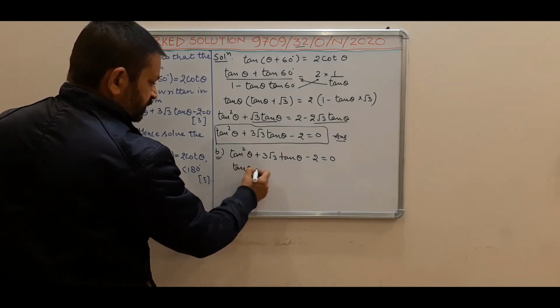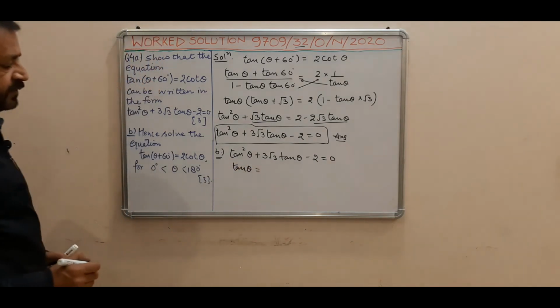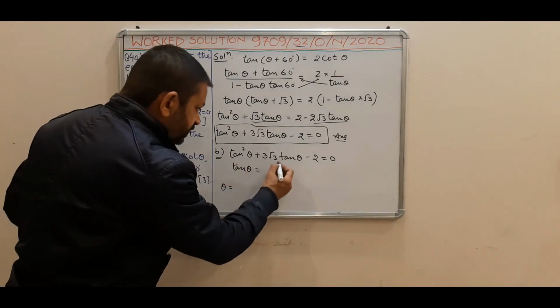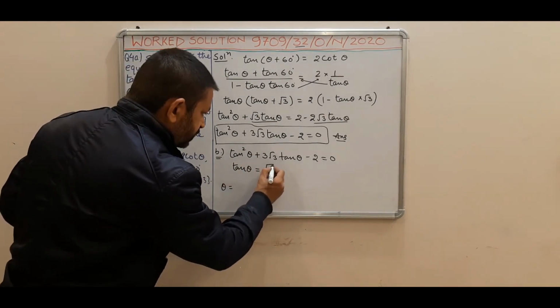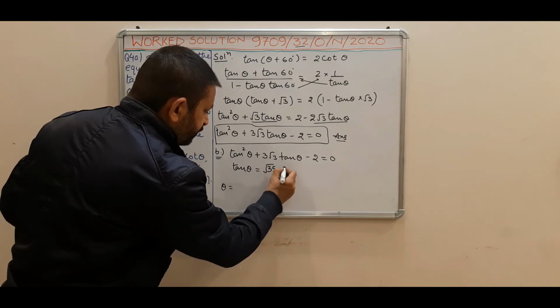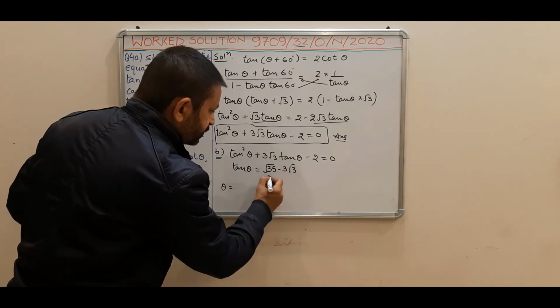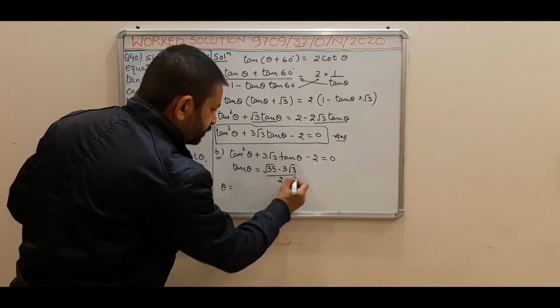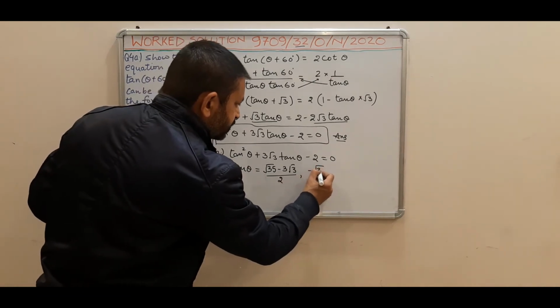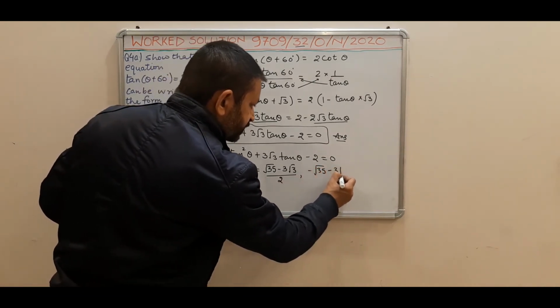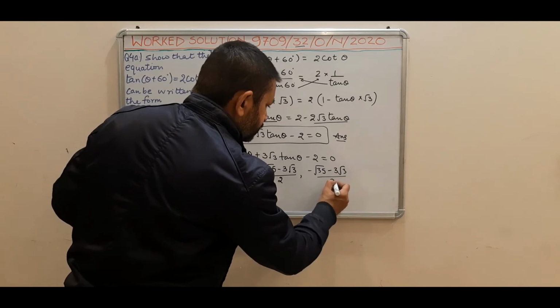So from the calculator we'll get these values for tan theta. On solving this equation we will get root of 35 minus 3 square root of 3 upon 2 and minus square root of 35 minus 3 under root 3 upon 2.